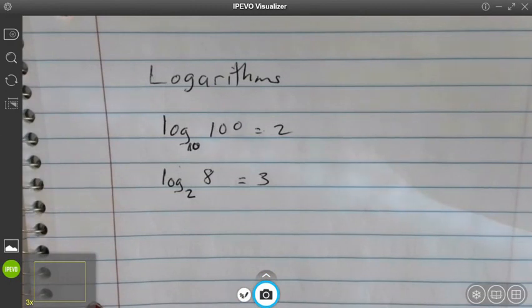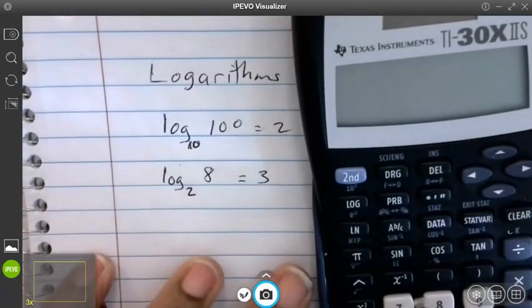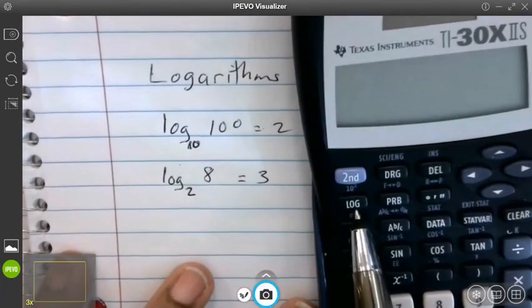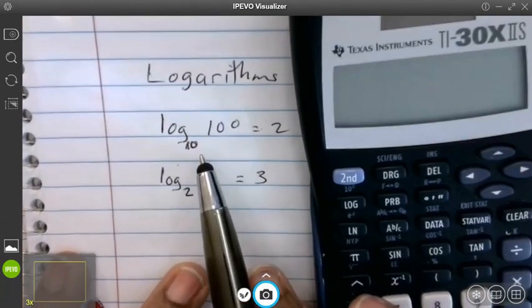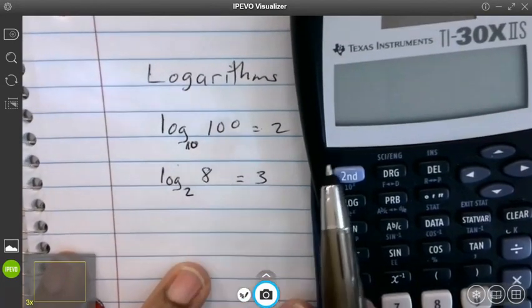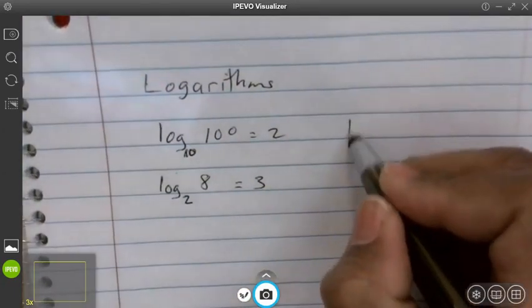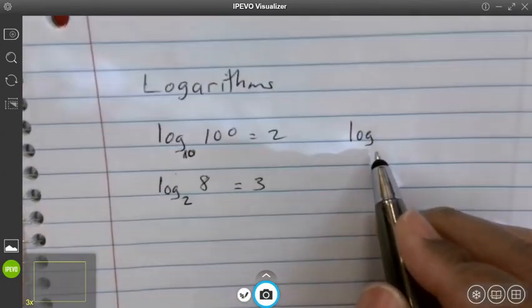Now, the good thing about logs is that you do have log on your calculator, which is right here. The only thing is that on the calculator, log only does base 10. And like we said before, if you only see the word log and you see no base, that base is automatically 10.